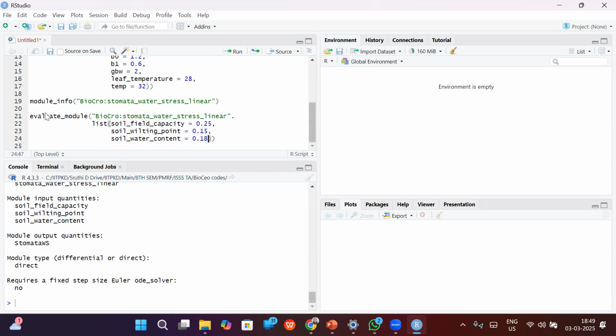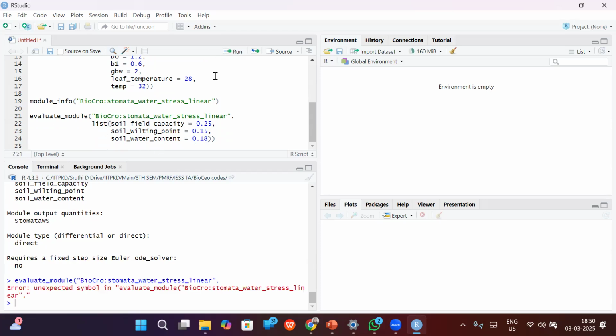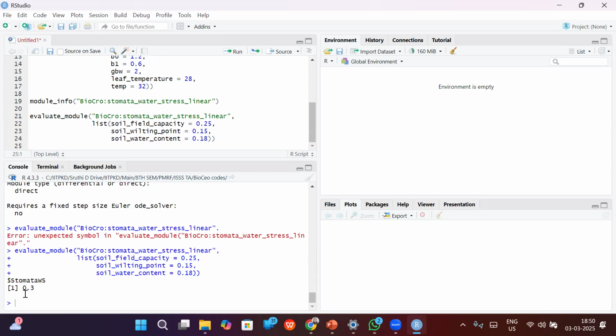So when we run this module, it has to be a comma. I put a full stop over there instead of a comma, so that is where that error came. Now I'll run it and I see I get the stomata water stress as 0.3.